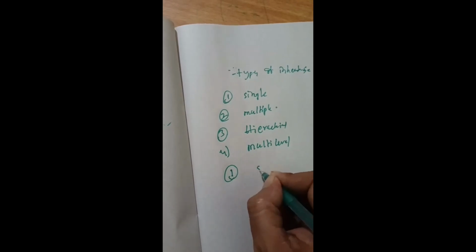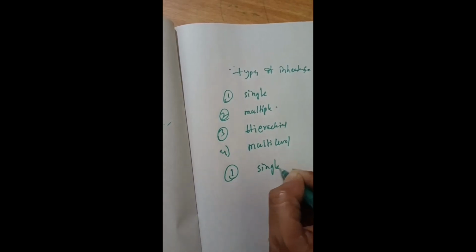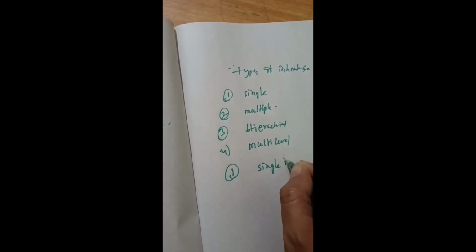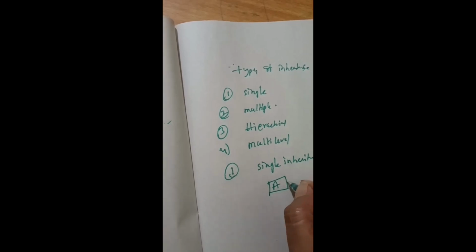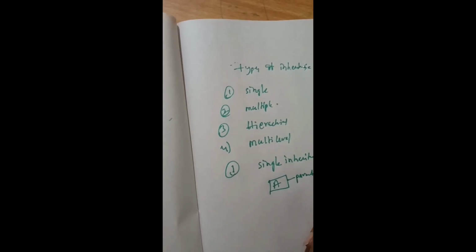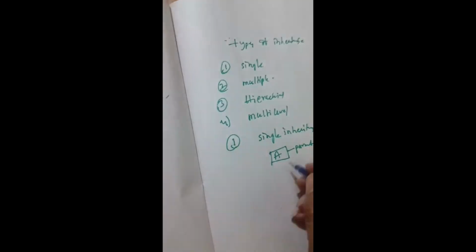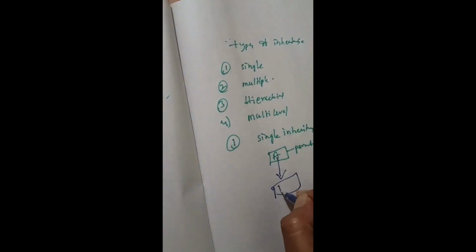The first one is single inheritance. Suppose A is the parent class and B is the child class.